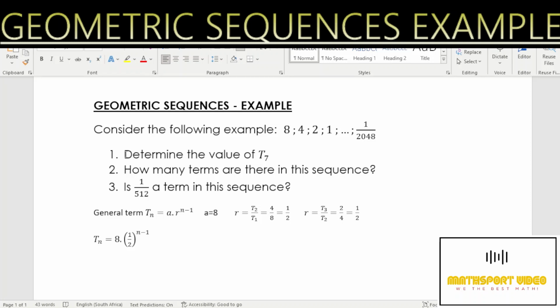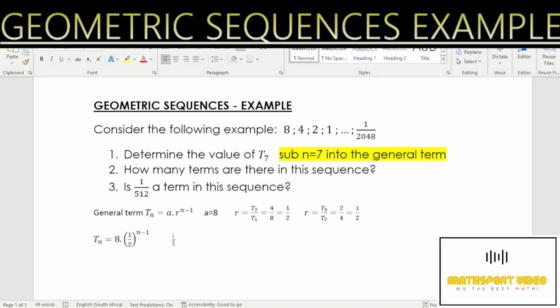Now, to determine the value of T7, we need to substitute n equals 7 into the general term. That is going to be our method, whether it is the 7th term, the 16th term, the 24th or the 300th: we are always replacing n.